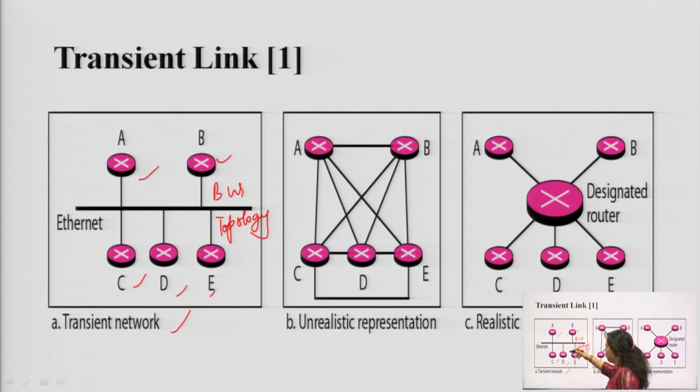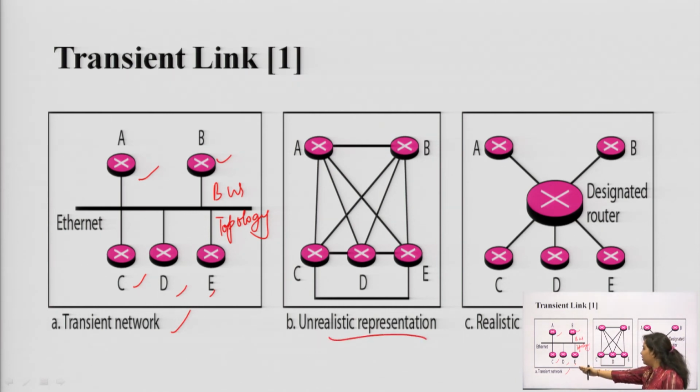So, these are the different routers which are connected to this Ethernet or the LAN wire which is following the bus topology. In this bus topology, these different nodes are connected, like first A, B, C, D and E. This is an unrealistic representation. Why is this unrealistic?